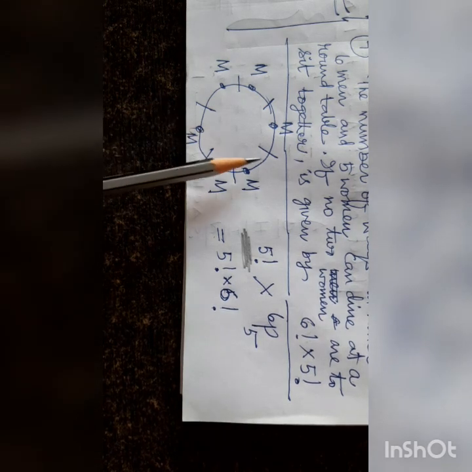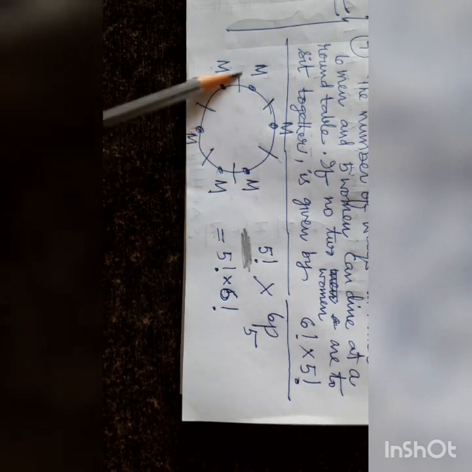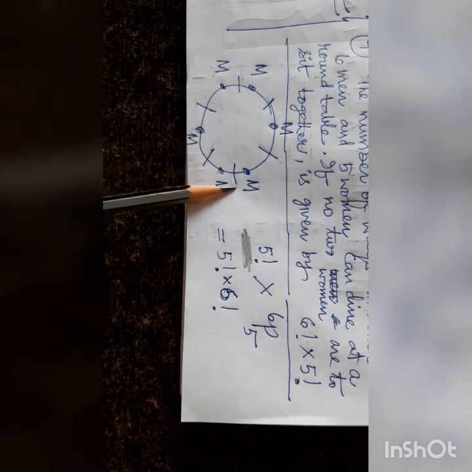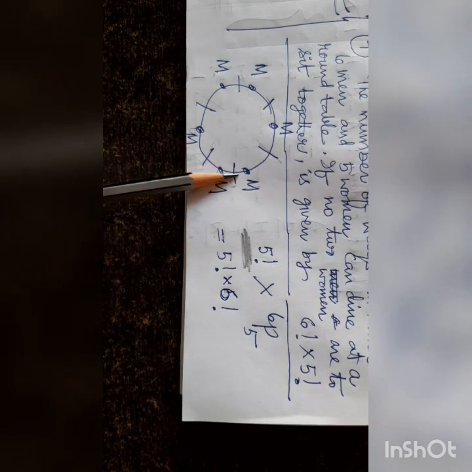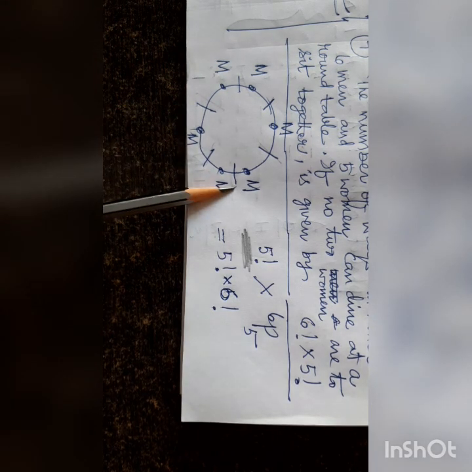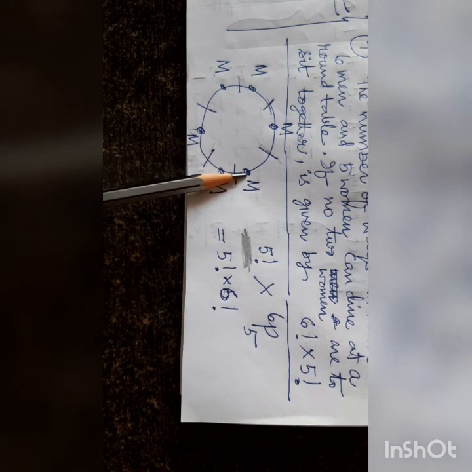How many gaps are there? 1, 2, 3, 4, 5, 6. 6 gaps are there. In these 6 gaps, we can make the women sit. 2 women, middle 1 man. 2 women, middle 1 man.